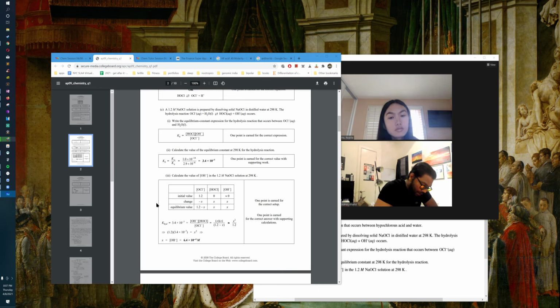well, I'll write it and then manipulate it algebraically. So this is equal to HOCl concentration times OH minus concentration over OCl minus concentration.